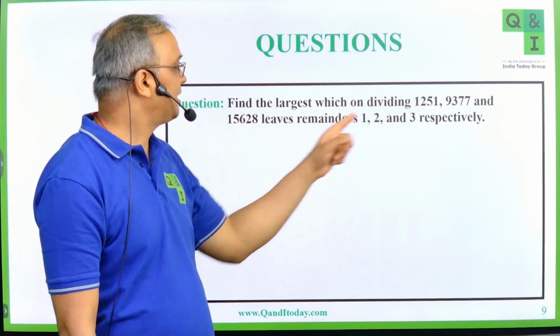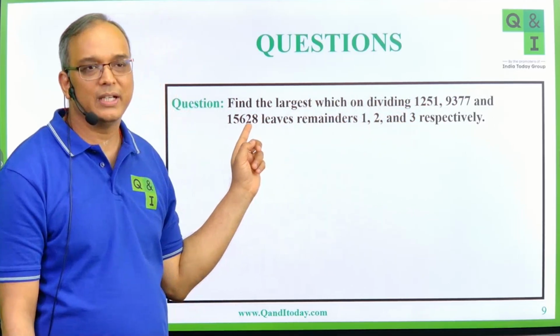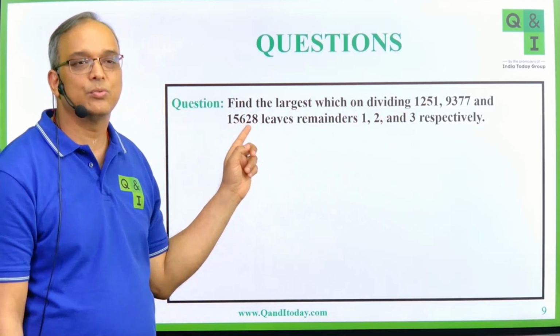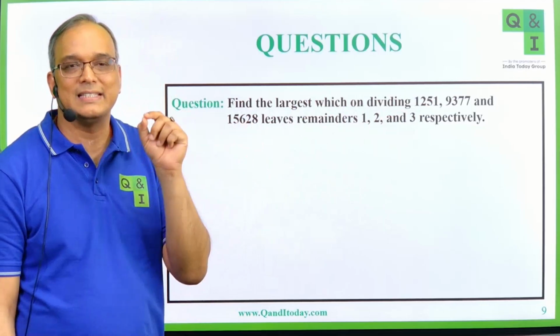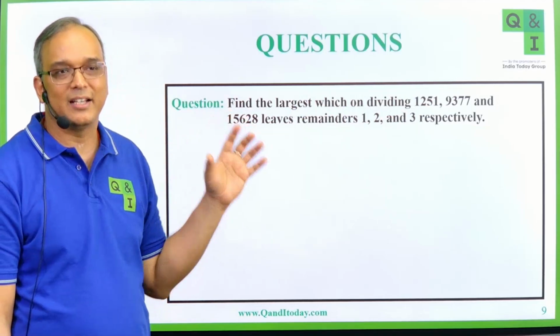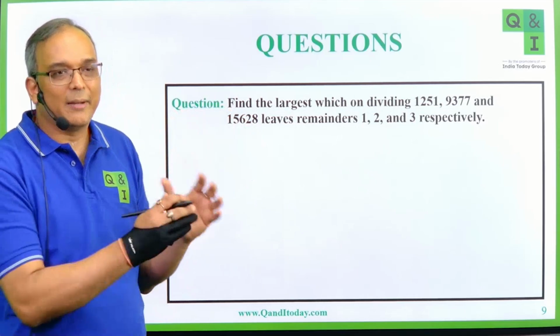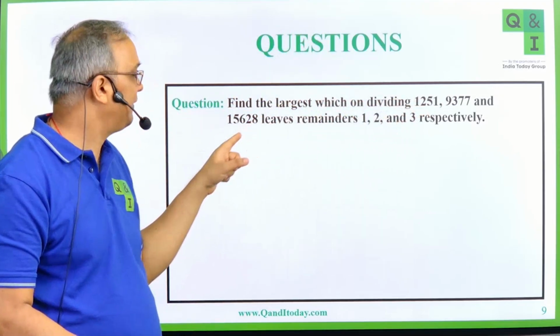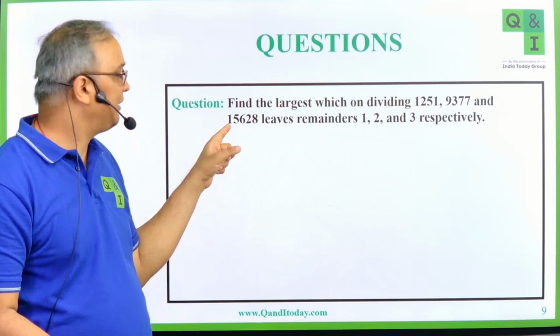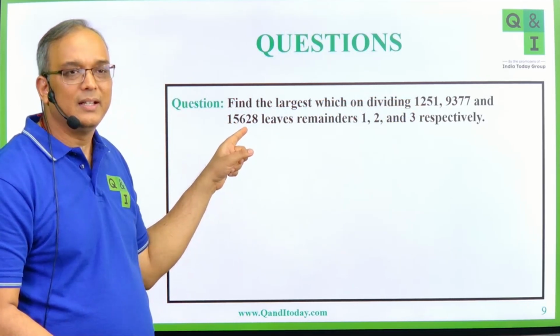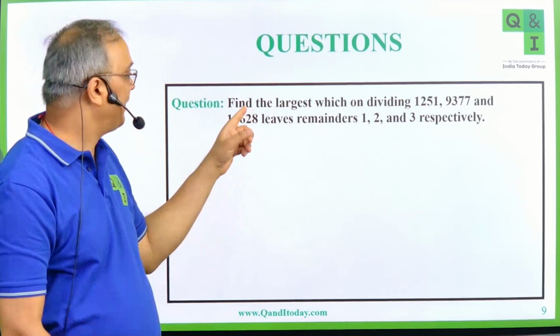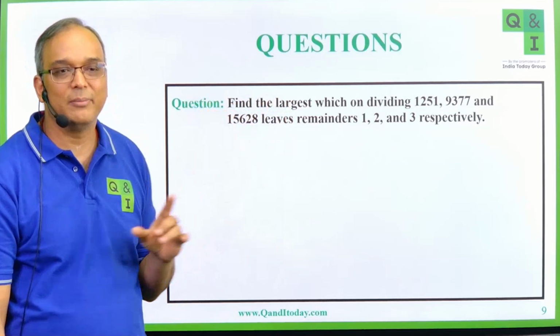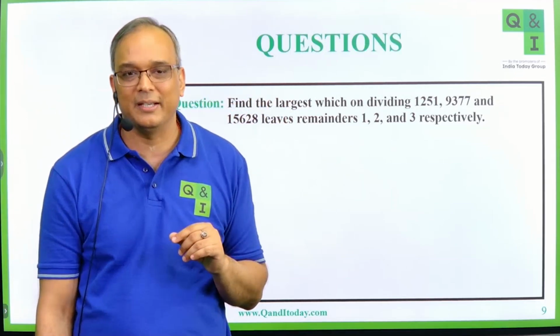And if we subtract 3 from 15628, we will have 15625, which again is exactly divisible by that number which you have to find. So a number which divides these numbers 1250, 9375 and 15625 would be the HCF, right? We have to find the largest such number. So that will be the HCF of these three numbers.